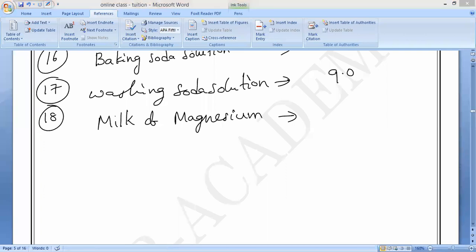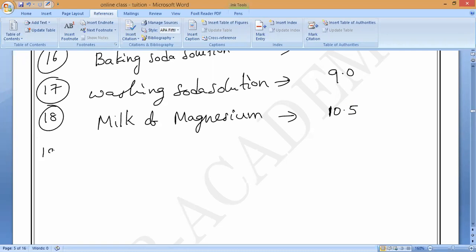We have two antacids. Along with that, one more antacid is there. What is that? Sodium hydrogen carbonate, NaHCO3. Have you remembered? These two we can use as antacids. Correct or not? Milk of magnesia, please write, 10.5.